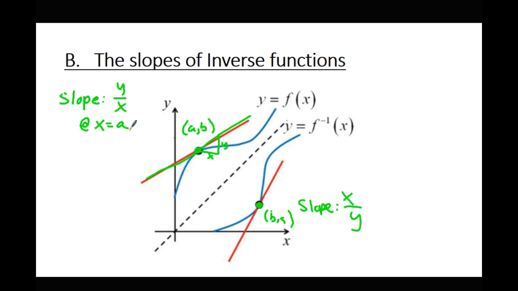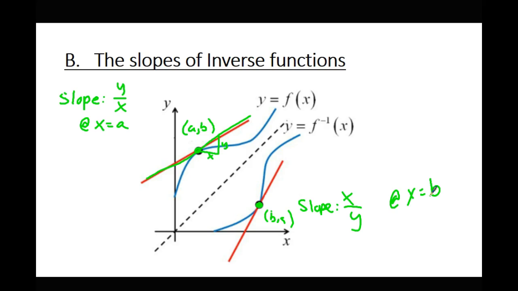This is the slope of the inverse function at x equals b. Okay? So there's your interesting relationship between the slope of a function and the slope of its inverse.